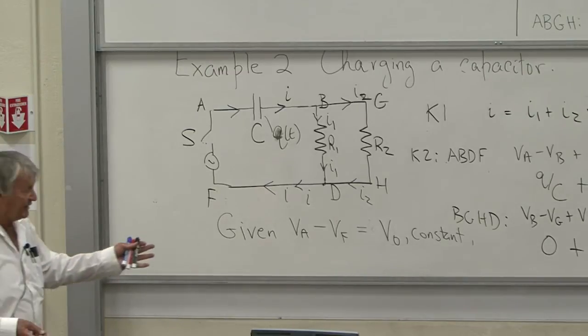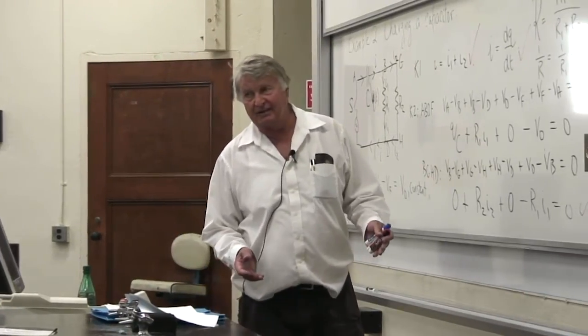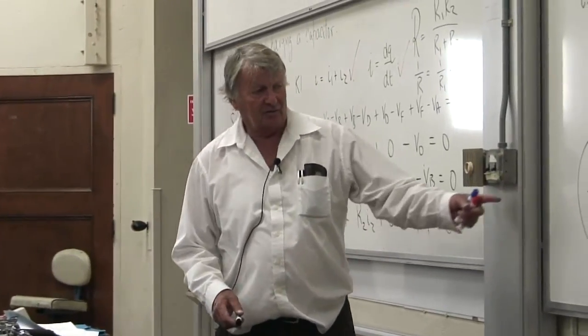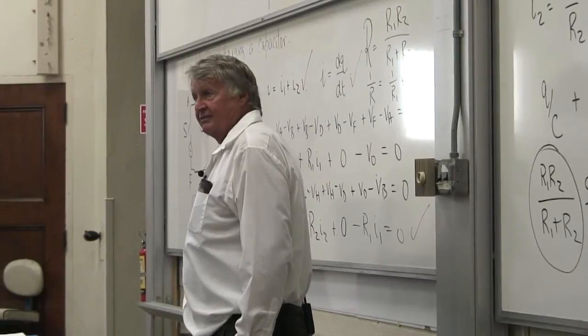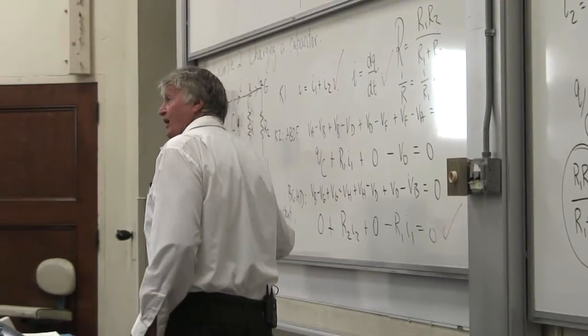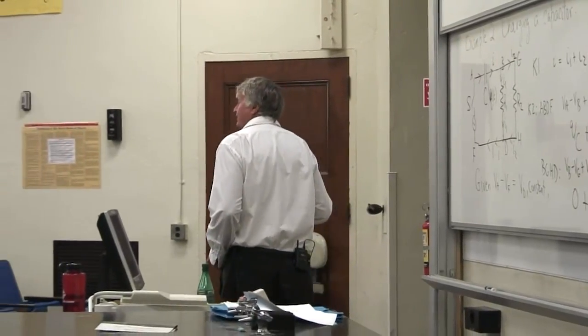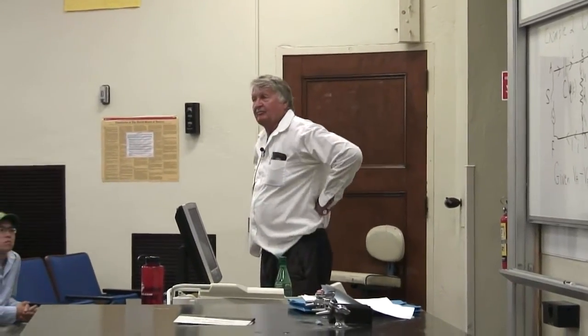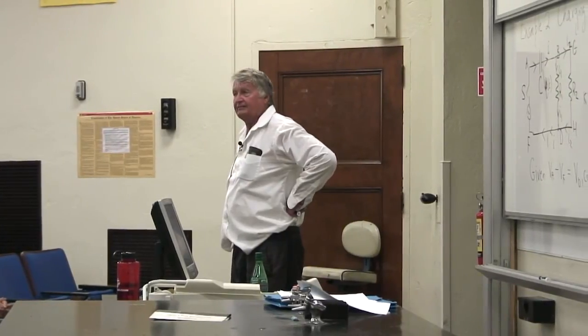And just writing these things down, and in a methodical way just eliminating things, we indeed got an answer that makes sense from our high school knowledge: resistances in parallel combine by 1 over R1 plus 1 over R2 is 1 over the effective R.